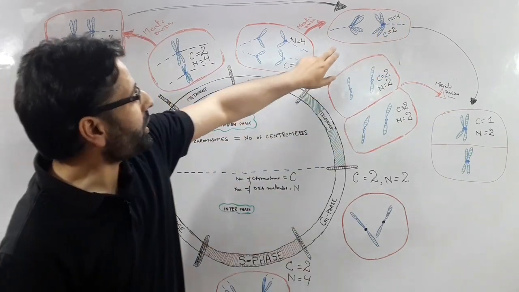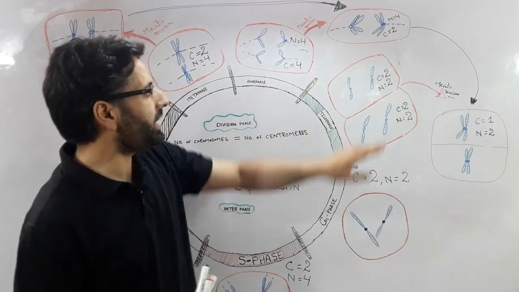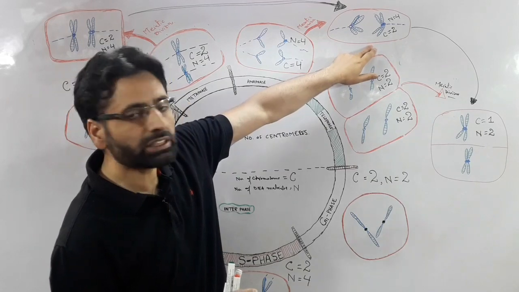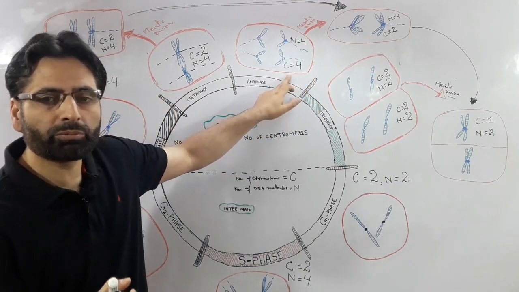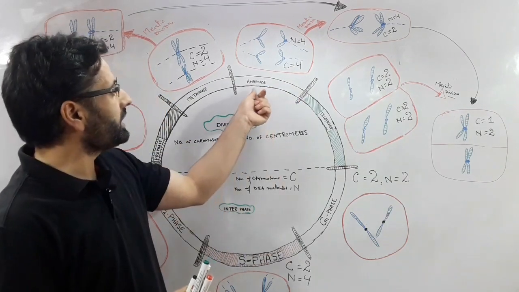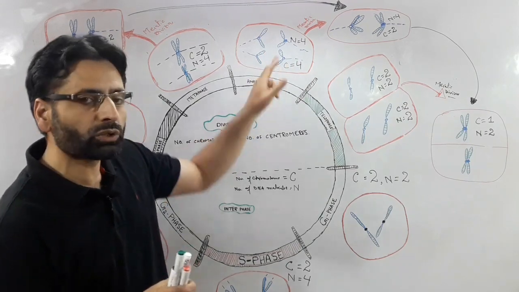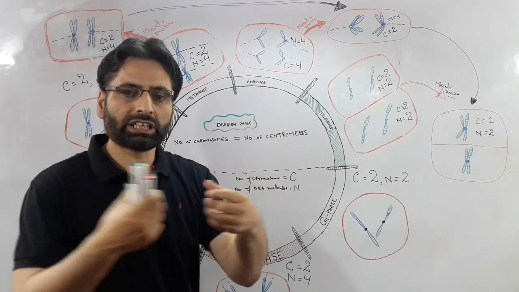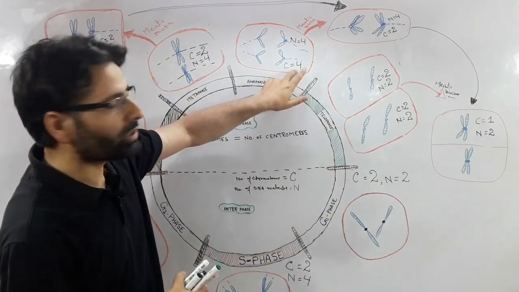So the meiotic anaphase and mitotic anaphase have this difference: in the mitotic anaphase we have an increase in the number of chromosomes, because the single chromosome has now separated and the centromeres have now separated, and here we have C equal to 4.